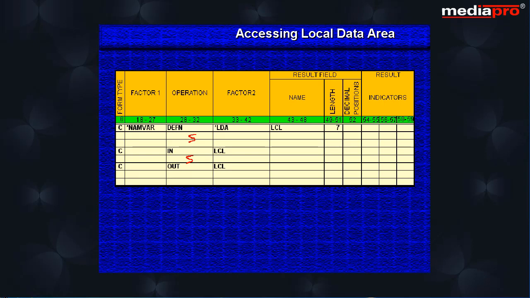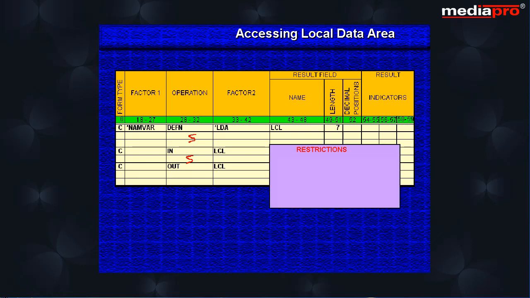Let us now see how to access a local data area. There are certain restrictions when working with the local data area. The reserved word *LDA cannot be used on the IN and OUT operations. Hence, it has to be always associated with a field on the DEFN operation.